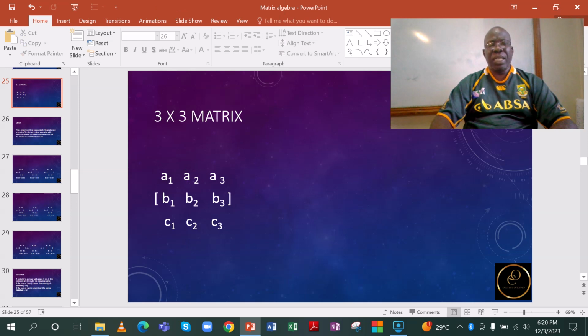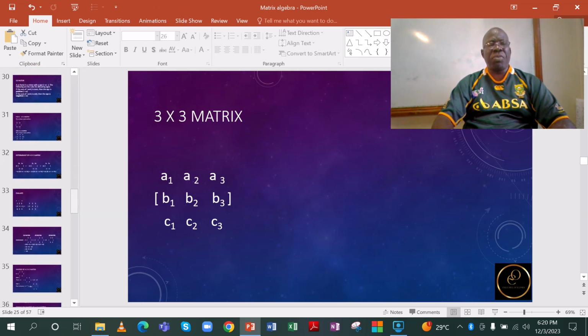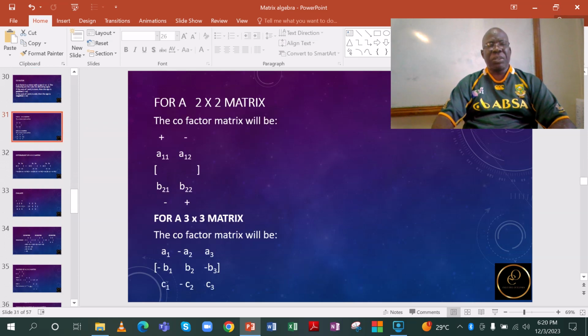Any vector, either a row vector or a column vector of these elements, and then calculate the cofactors for that. So that's what we are going to see happen here.